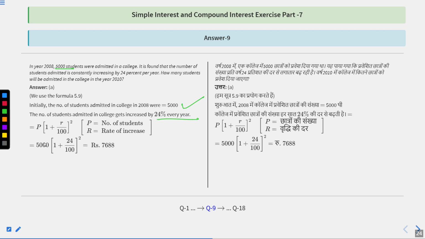So we just put the values in this formula: 5,000, 1 plus rate of interest, given as 24%, so 24 upon 100, squared, equals 7,688 students. Clear?